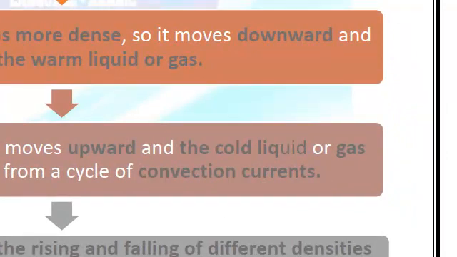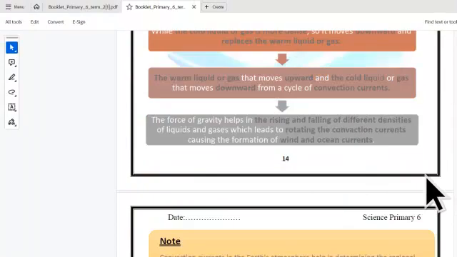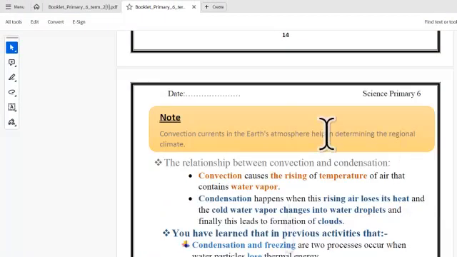The force of gravity helps in the rising and falling of different densities of liquid and gas, which leads to rotating the convection currents, causing the formation of winds and ocean currents. Note: convection currents in the Earth's atmosphere help in determining the regional climate.